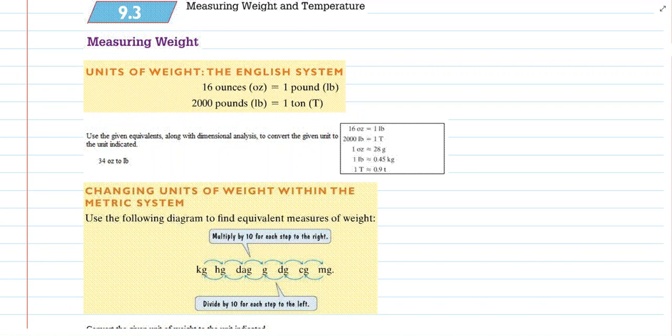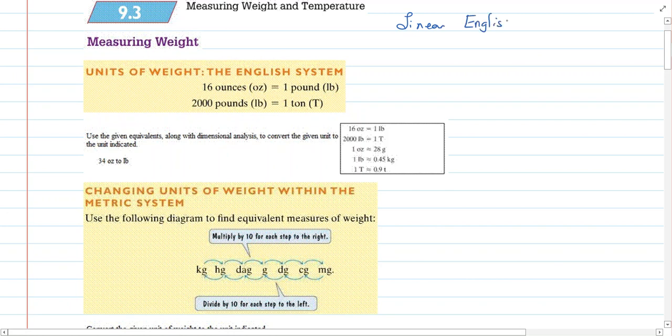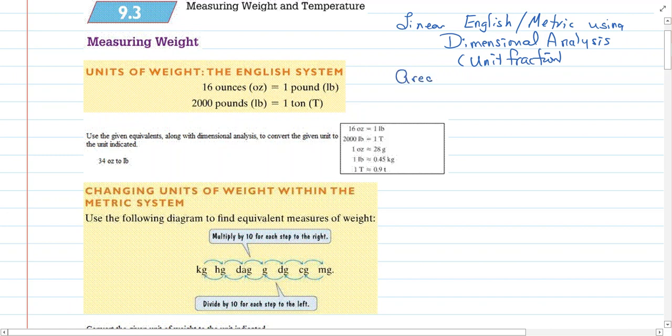And remember, we've done the linear, English and metric, unit fractions, dimensional analysis, and then we've done area and volume, capacity, again using dimensional analysis and unit fractions.